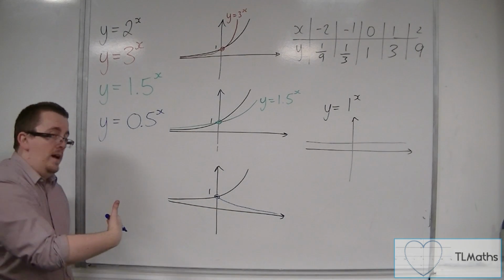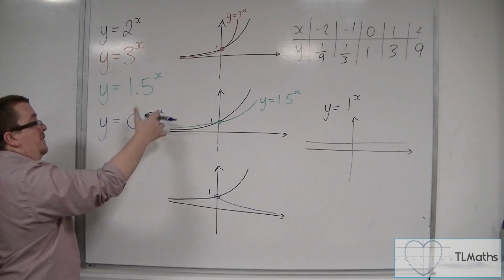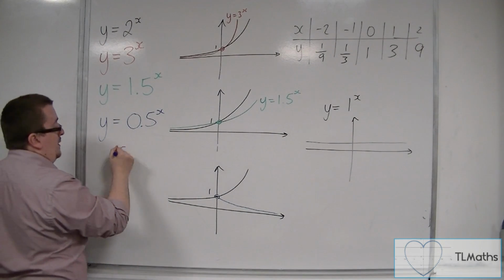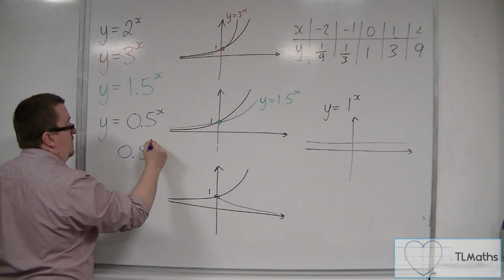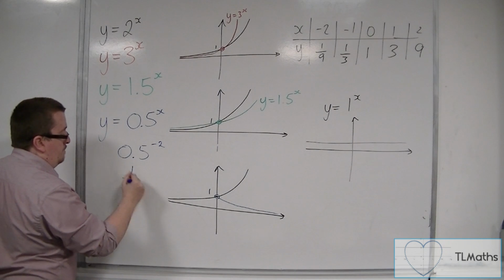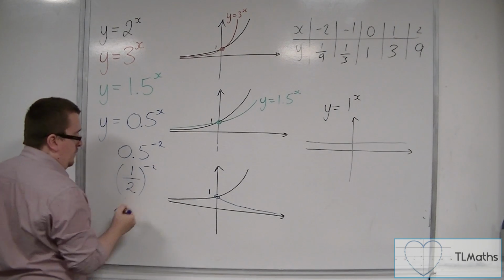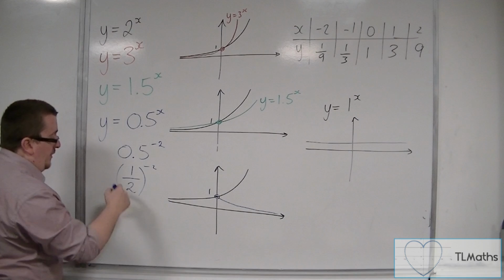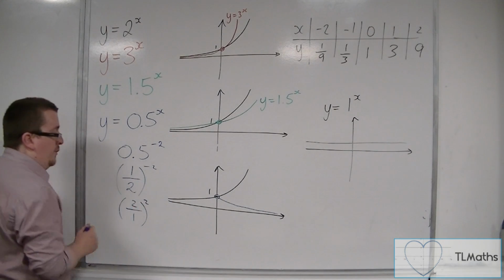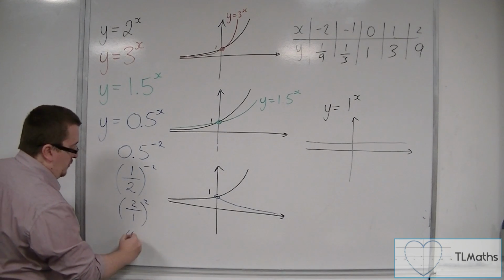To the left of the y-axis, where you have 0.5 to the minus 1, 0.5 to the minus 2, 0.5 to the minus 3, if we look at 0.5 to the minus 2, for example, 0.5 is 1/2. So 1/2 to the minus 2. The minus sign flips the fraction upside down. So it's 2 over 1 squared, and that's 4.